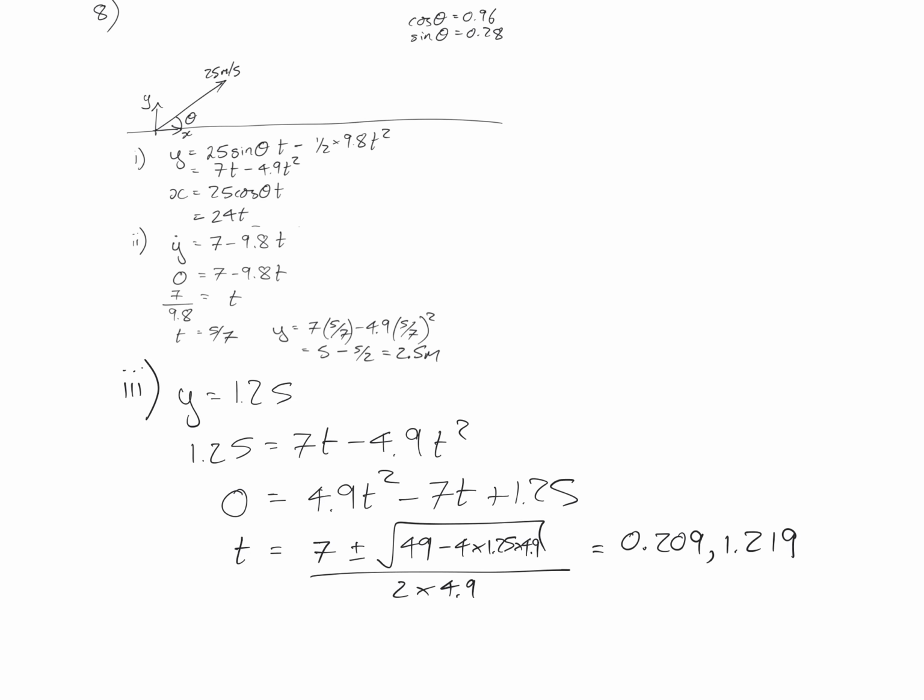And the distance travelled between. Sorry, where are we? The horizontal distance travelled between the balls in those times. So horizontally, it's constant speed, so it's actually reasonably straightforward. So the distance equals 24 times the difference in the times.